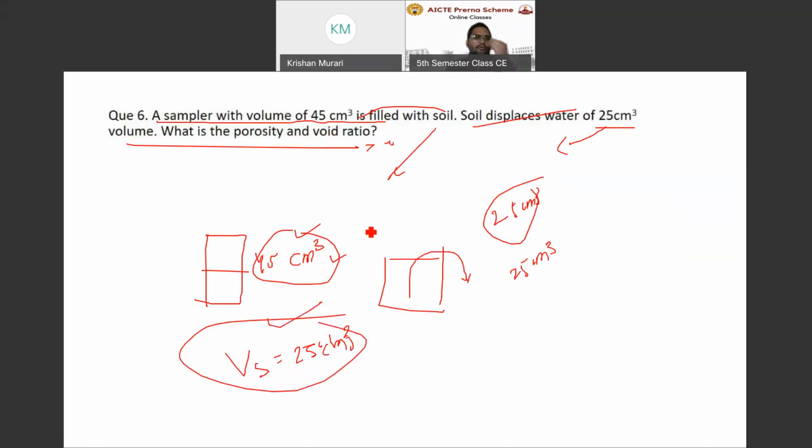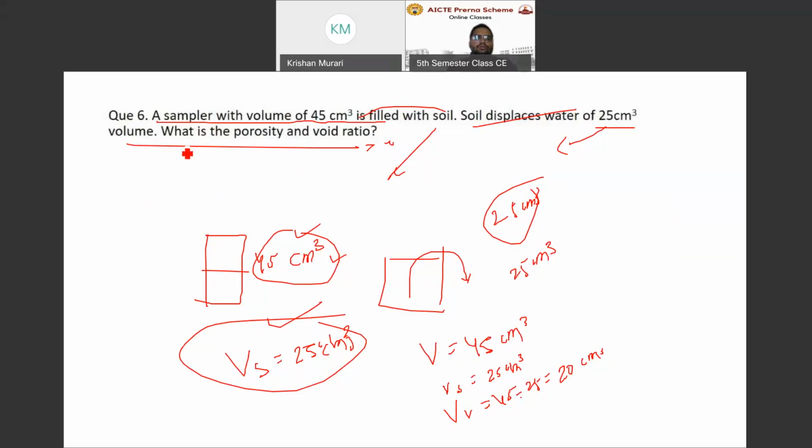Now you can easily find the porosity. The total volume is 45 cubic centimeters, and the volume of solid is 25 cubic centimeters. So what is the volume of voids? The volume of voids is 45 minus 25, which you can easily calculate, that is 20 cubic centimeters.